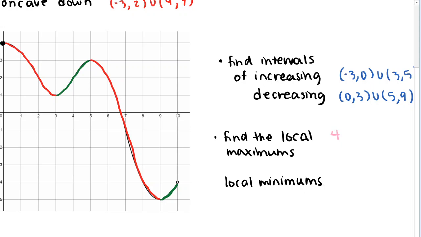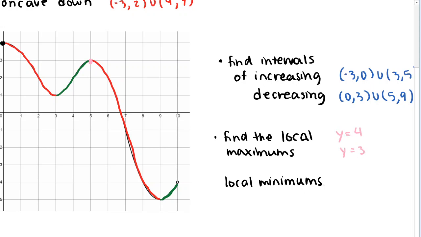And similarly, we have another local maximum here at this point. See, that's another point where the graph changes from increasing to decreasing. And so here we get another local maximum at a y value of 3. Maybe I'll label these slightly differently so it's not interpreted as a point. y is equal to 4, y is equal to 3.